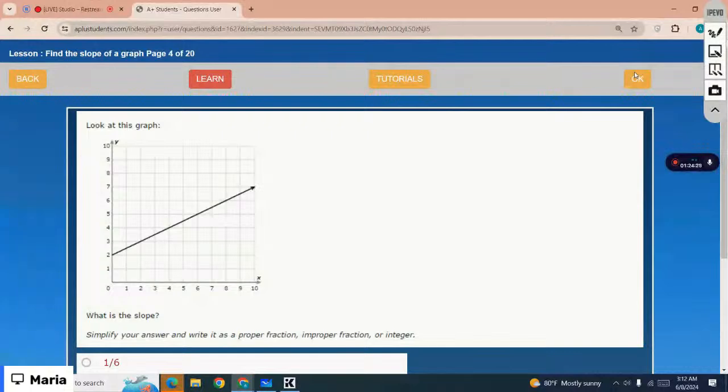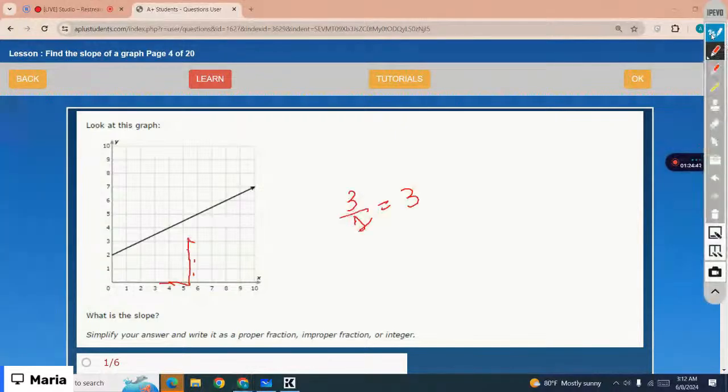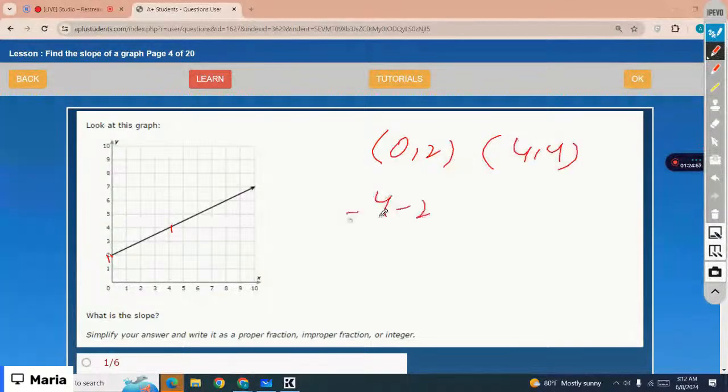Look at this graph. What is the slope? Let's just see. Here is the first point and here is the second point. The coordinates for the first one are x is 0, y is 2, and for this one they are 4 and 4. So you have to do y2 minus y1, 4 minus 2 divided by 4 minus 0, that is 2 by 4, that equals 1 over 2. The correct option is 1 by 2. Got it?